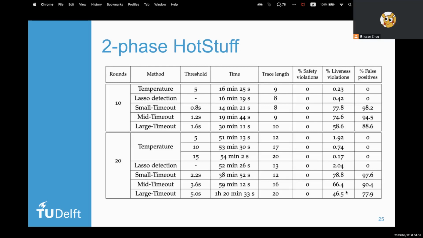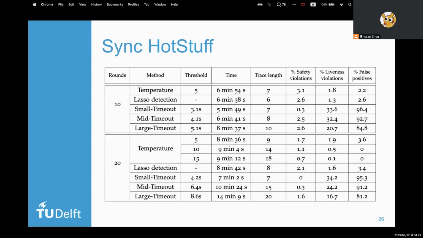We can see that our baseline time-bounded checking also introduces a lot of time consumption, because we set the time bound so large. And finally, we reinstate the forced locking attack in synchronous HotStuff.